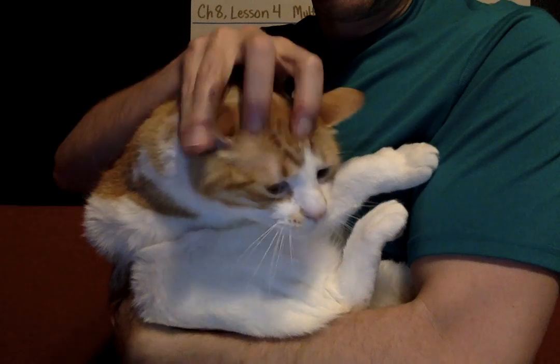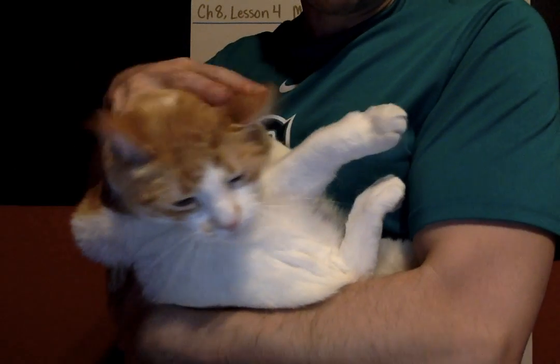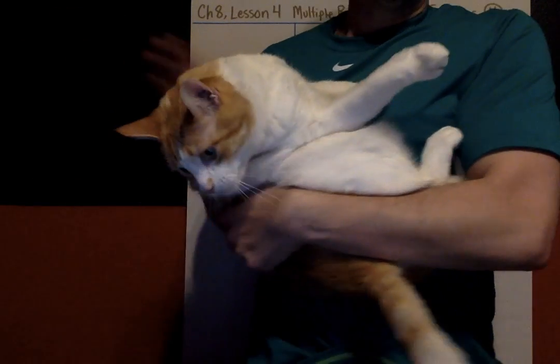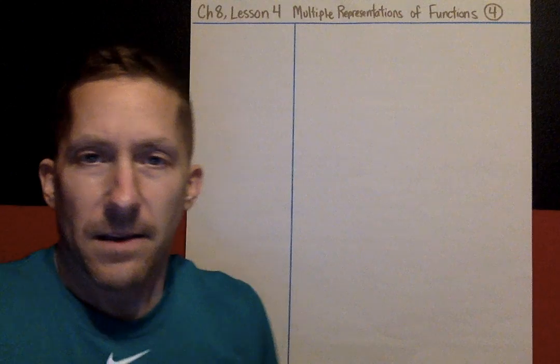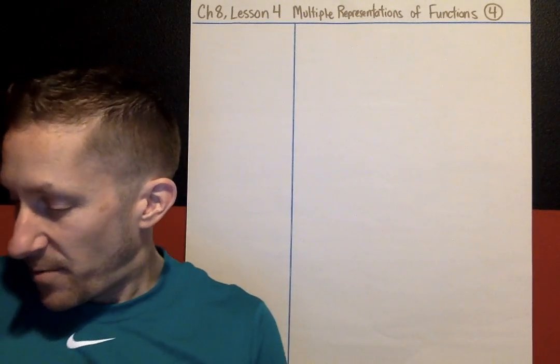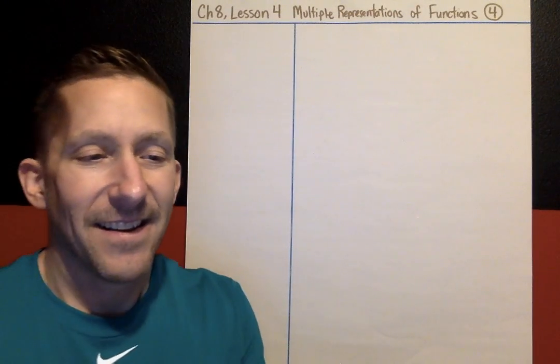He really wanted to get in here. Okay, let me get rid of Frank, and then we'll get started with Lesson 4. Goodbye, buddy. He's probably going to be whining at the door. You might hear him in the background.